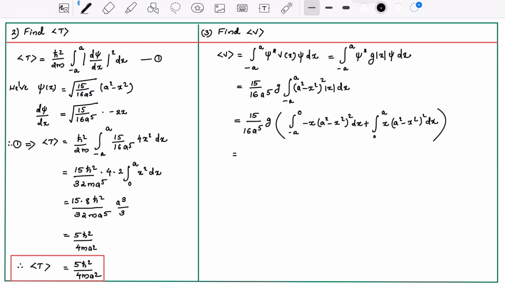The first integral is given by minus 15 g by 16 a raised to 5. If you evaluate the first part, it is a raised to 4 x² by 2 plus x raised to 6 by 6 minus 2a² x raised to 4 by 4, and there is a negative sign also, because within the integral we have a negative sign.